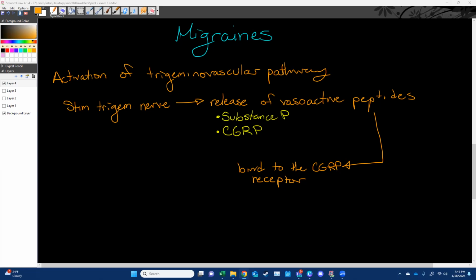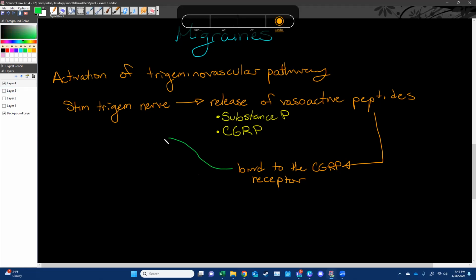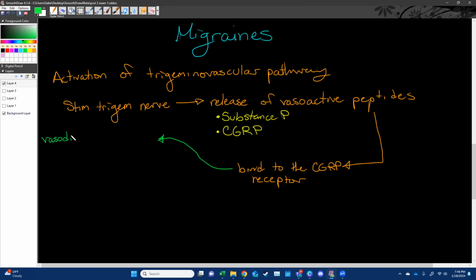And then we get a couple of different effects. The first effect that we end up getting is vasodilation in the meninges, or in other words, vasodilation in that space near the skull. And so essentially what you're doing is you're swelling the brain and making it push up against the skull, and this is going to cause significant pain.